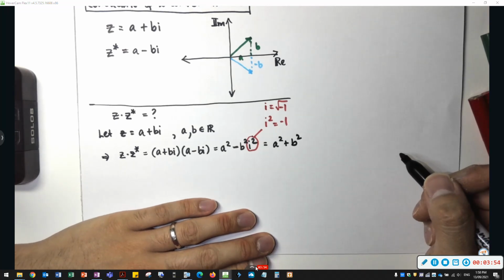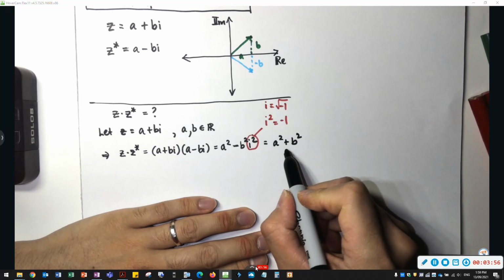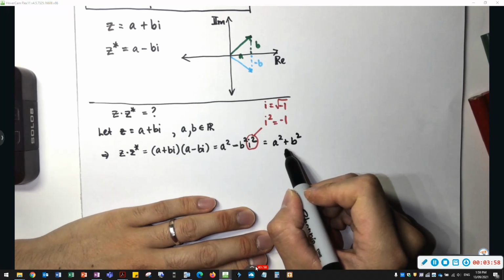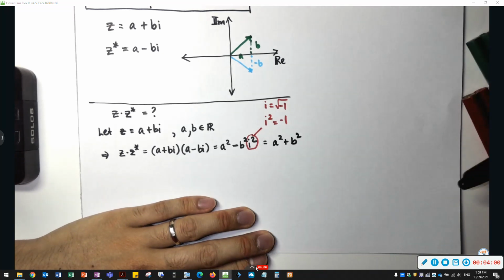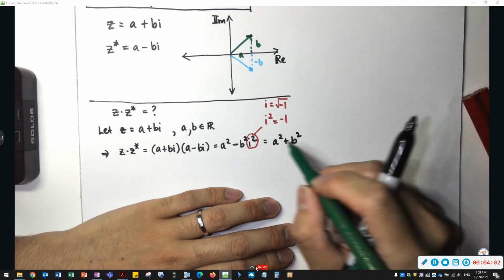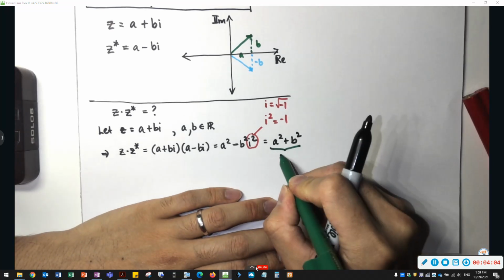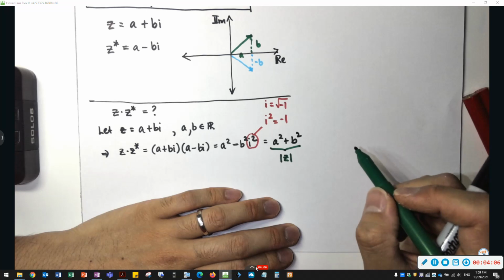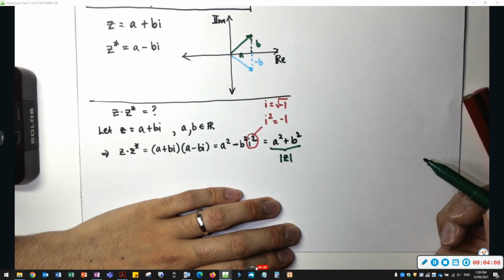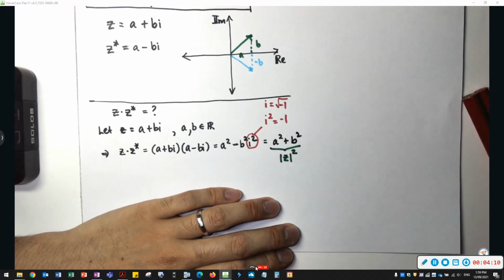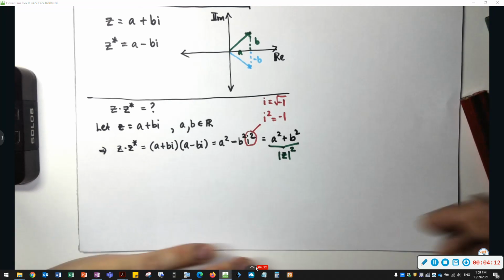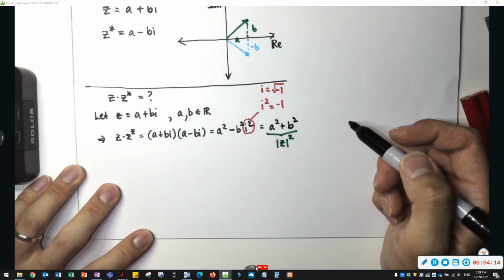Hang on a second, this looks familiar. A squared plus b squared, that resembles something we've looked at before. It's the modulus, isn't it? But without the square root symbol. So it's the square of the modulus. This is strange.